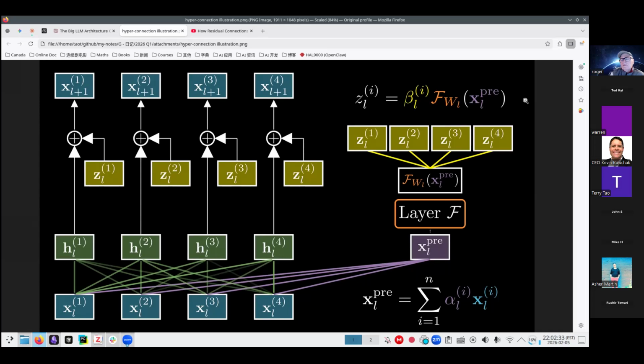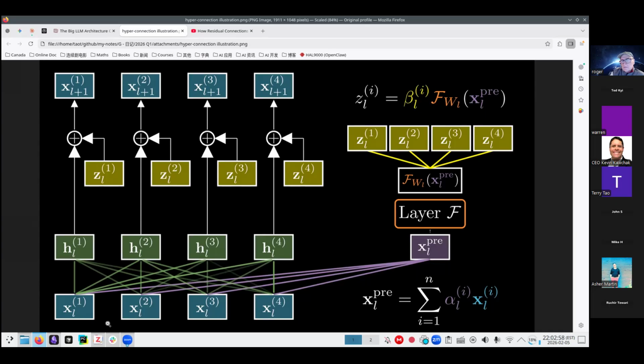So if you wanted it only to get written to X1, you could do 1, 0, 0, 0. If you wanted it to be half X1 and half X4, you could do 0.5, 0, 0, 0.5. And you could just decide to write to all of them, so you could do 1, 1, 1, 1. Yeah, gotcha. Okay, interesting.